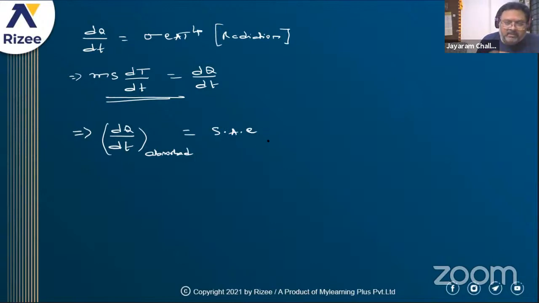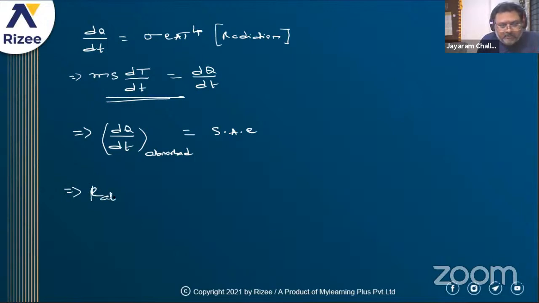So this is the amount of energy absorbed. The rate of increase in the temperature will depend on the power absorbed and the amount of energy radiated from that particular body.